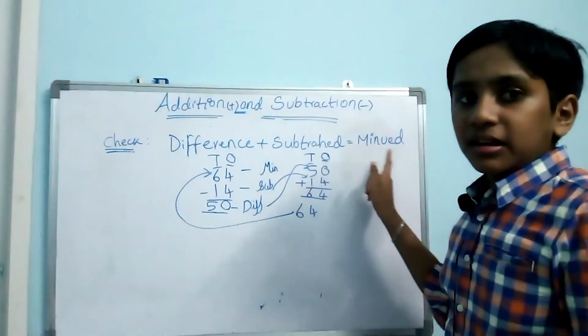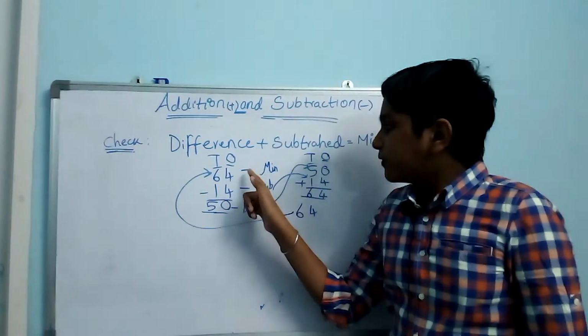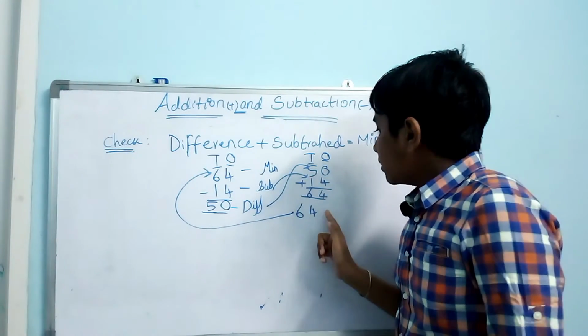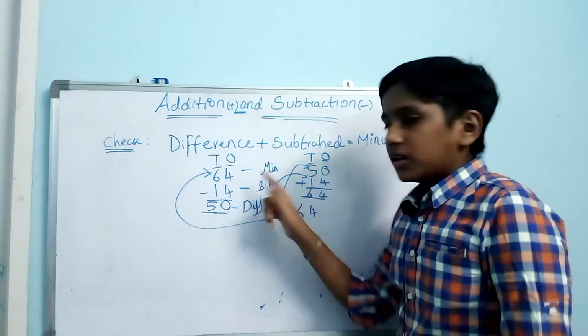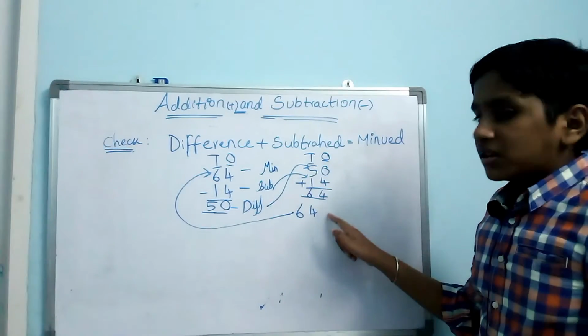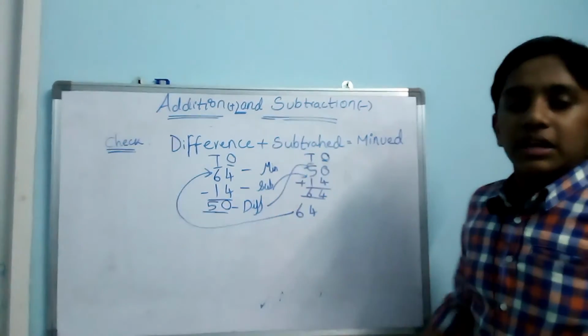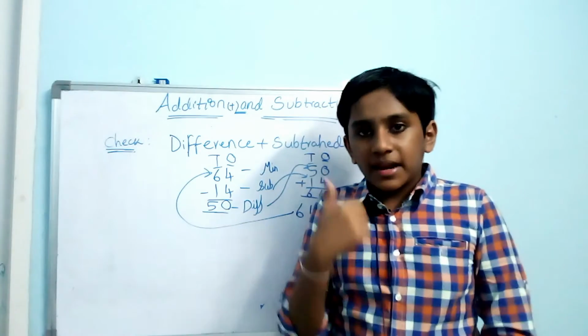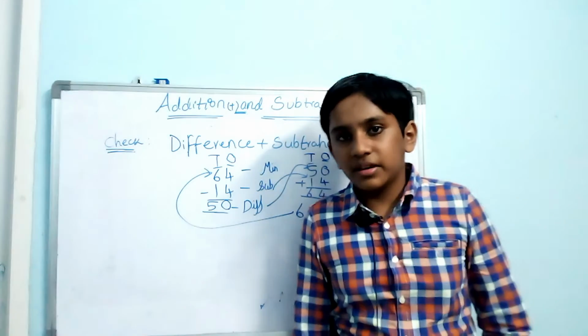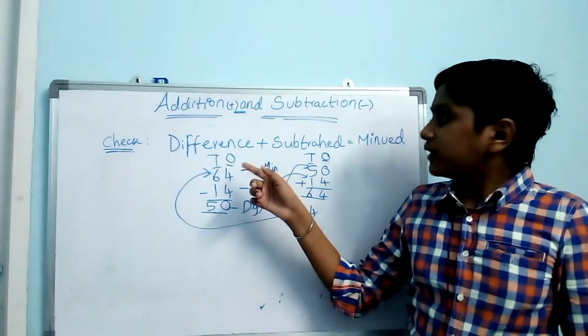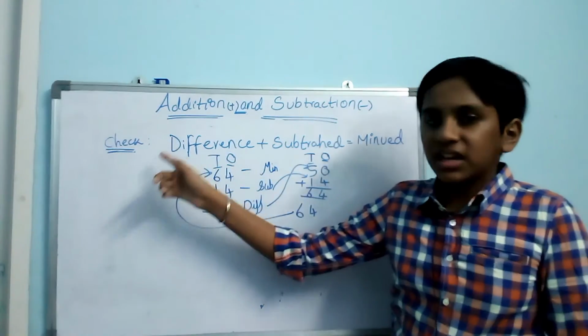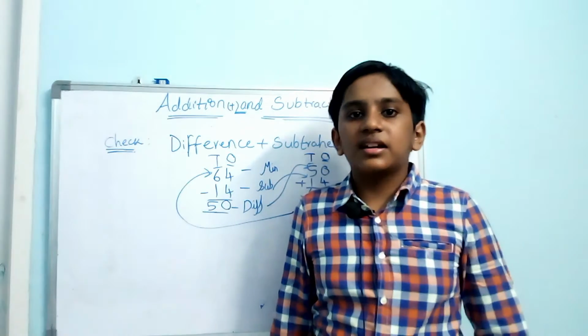Here my friends, minuend is 64 and the sum is also 64, which means that my subtraction is correct. Now we have learned checking in subtraction using addition.